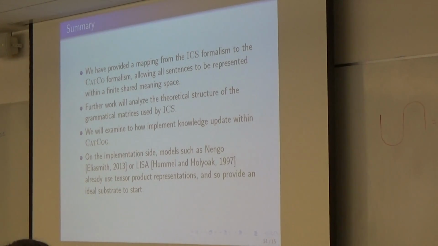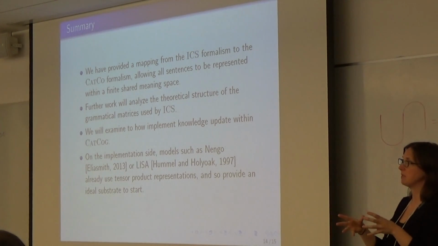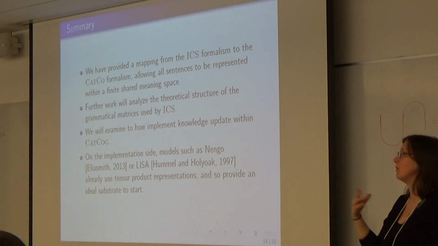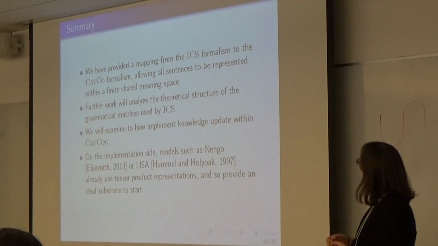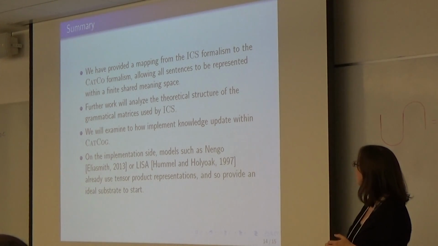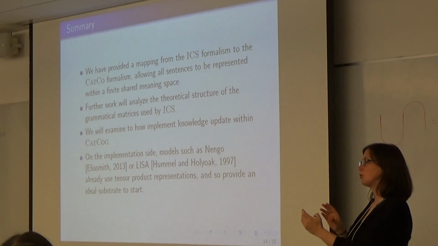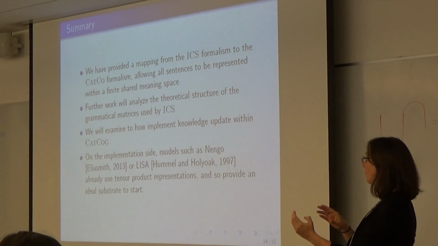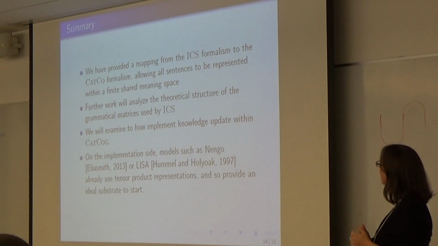Okay, so in summary, we've provided this mapping from the ICS formalism to the categorical compositional semantics formalism. So that allows all these sentences to be represented within this finite shared meaning space, but yet within some sort of connectionist substrate. Further work, we need to look at the grammatical matrices that ICS use and see what structure we can take from those and show how that maps across to compositional semantics.